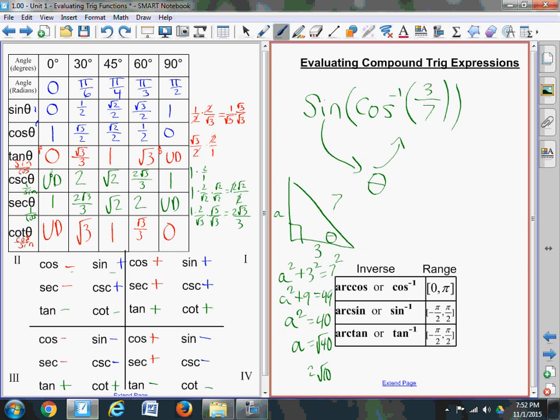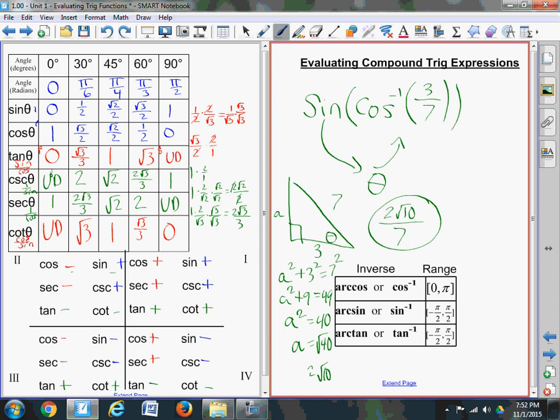So that's 2 root 10, the opposite, over the hypotenuse, which is 7. So I've never actually had to find the angle. This can only really work as a compound when they have it on the outside, because you'll never find the angle without a calculator. So that's a situation you might run into, and you'd have to diagram it.